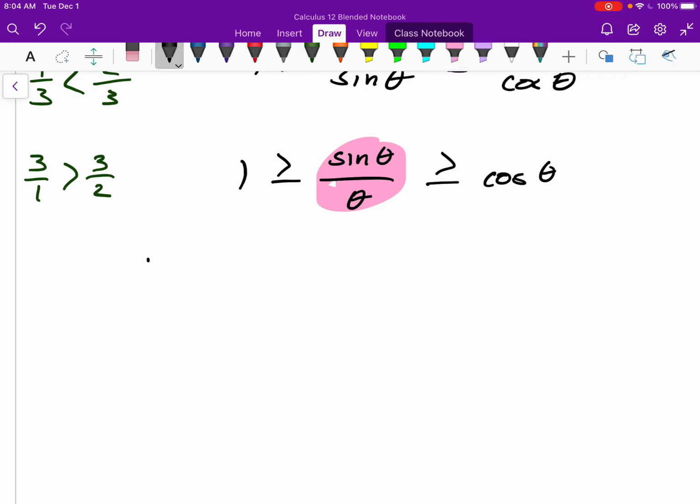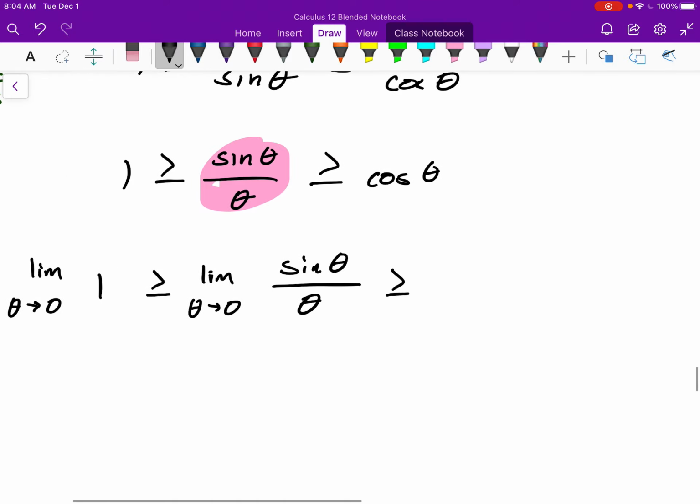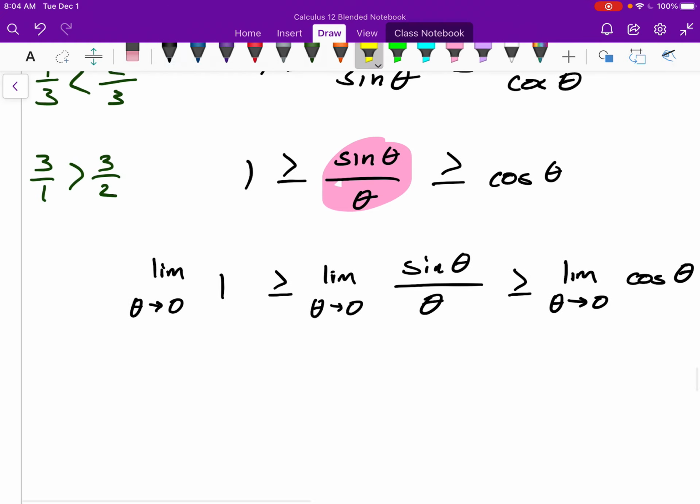So now let's actually evaluate these limits. The limit as theta approaches 0 of 1 must be greater than or equal to the limit as theta approaches 0 of sine theta over theta, which must be less than or equal to the limit as theta approaches 0 of cos theta. All right, so this is nice and easy.